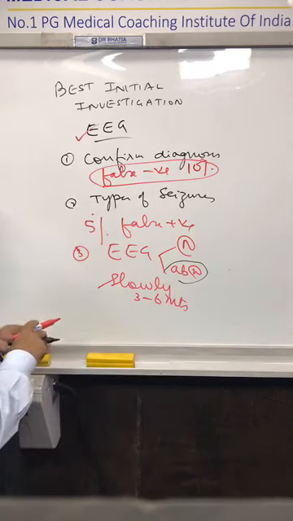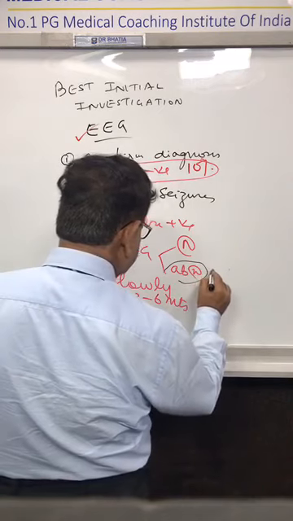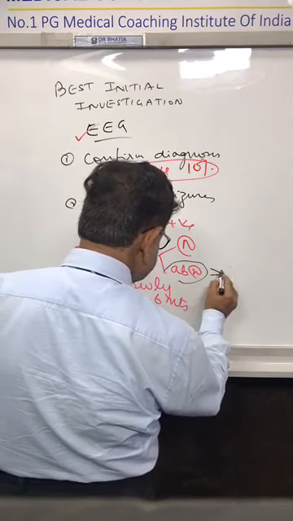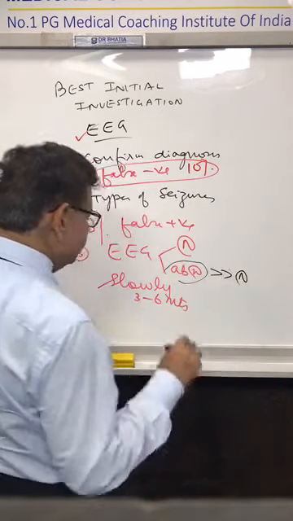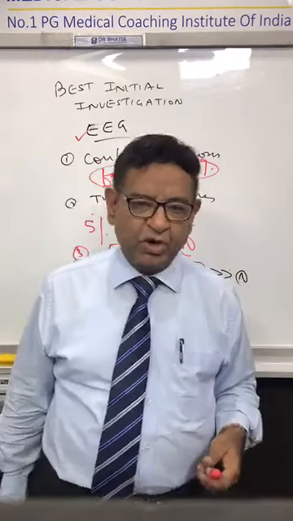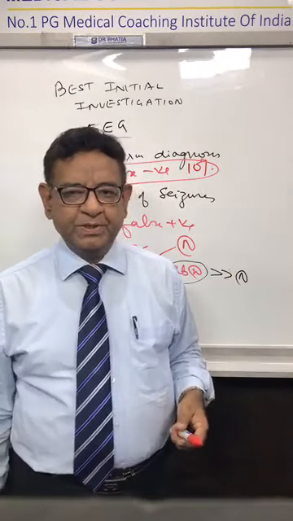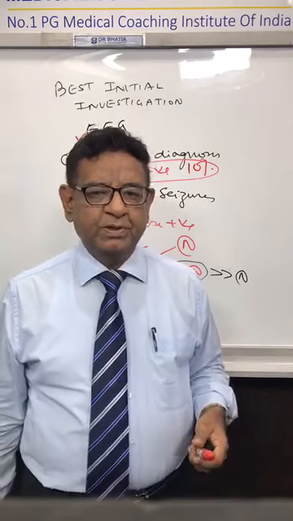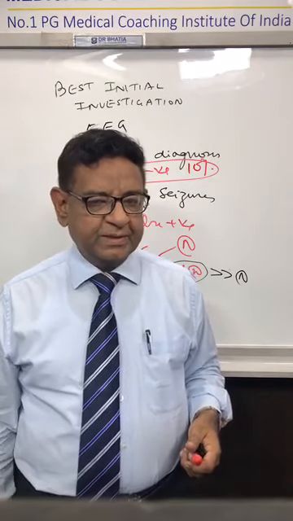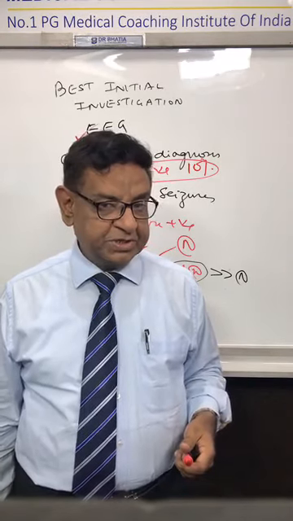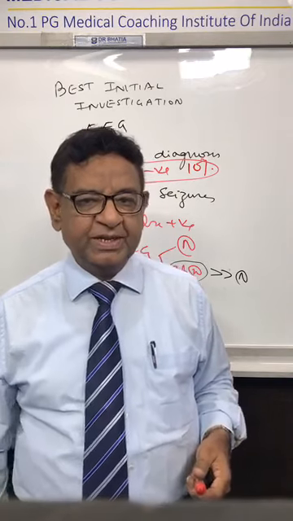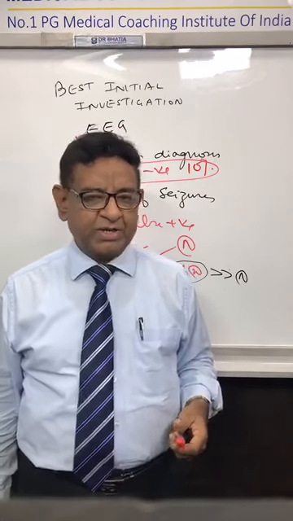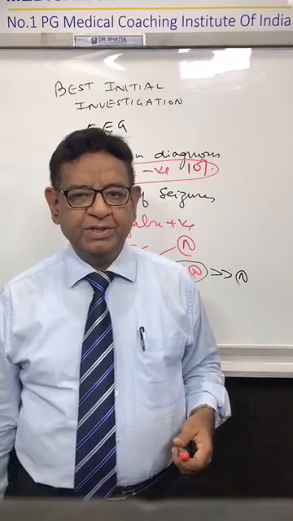But recurrence is more common in these patients as compared to those patients where the EEG was normal. Okay, so again, repeating a second time, at 3 years symptom-free, abnormal EEG is not a contraindication to withdrawal.